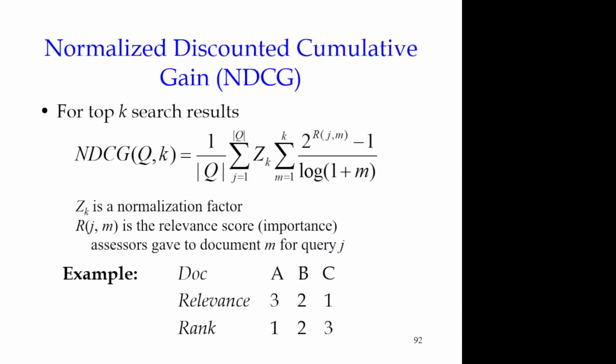For document A, R is the relevance, so you can see A's relevance is 3, minus 1, and the denominator is log of 1 plus n, where n is the rank position. The position is 1, put at the first place. That is for document A.